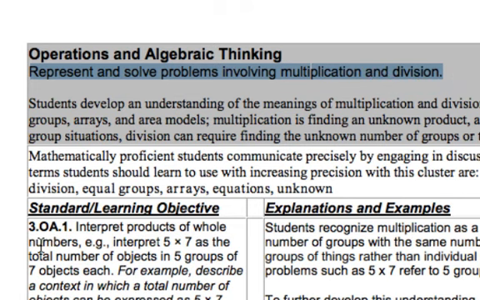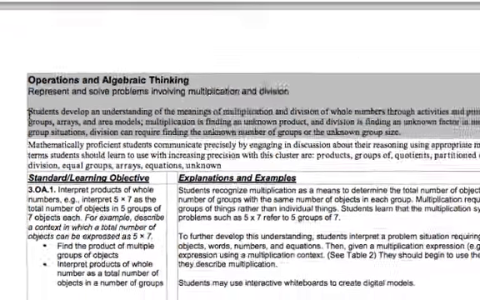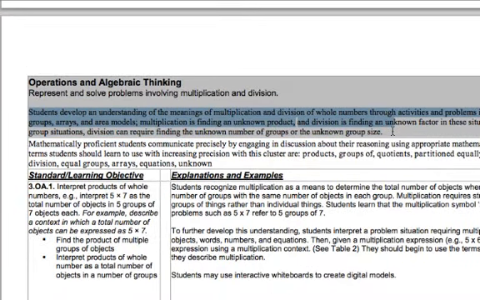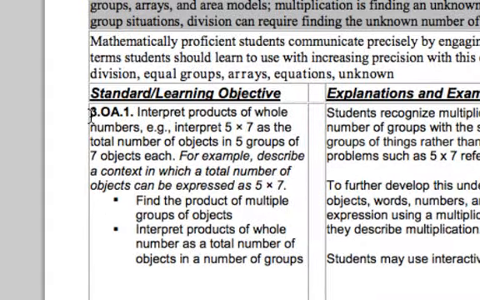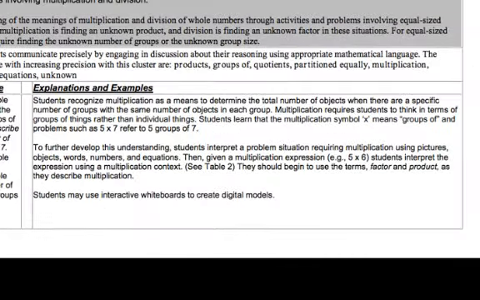And then here you're going to see a description, and then this is where the specific standards begin. The 3.OA.1 standard is defined, and then it's unpacked, giving you a little more information about that standard. And then over here on the right, you're going to have some explanations and examples of that standard.